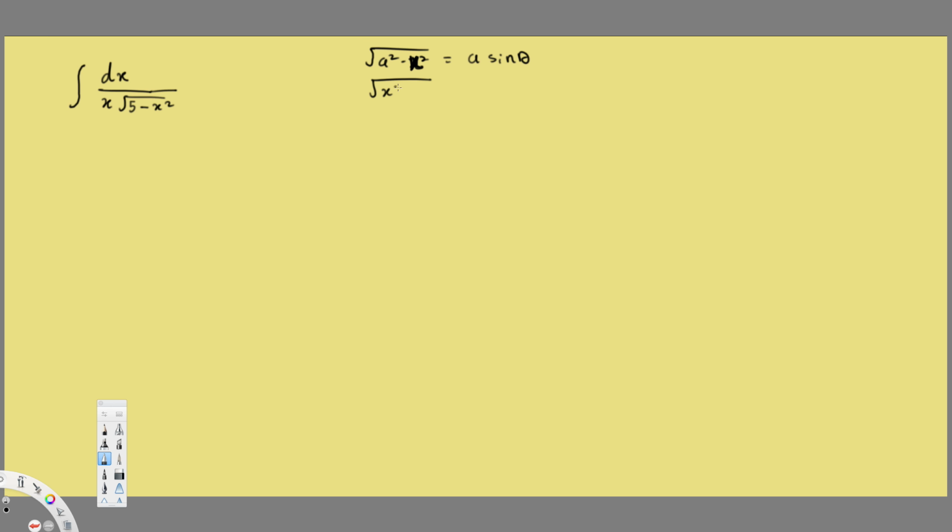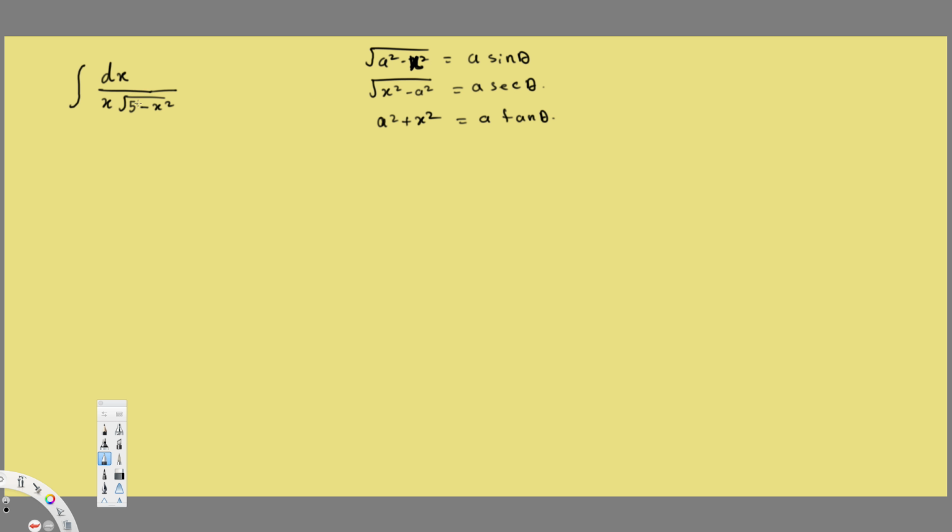And when we have x square minus a square, we take a sec theta, and whenever we have something like a square plus x square, we take a tan theta, right? So this is how we do this.